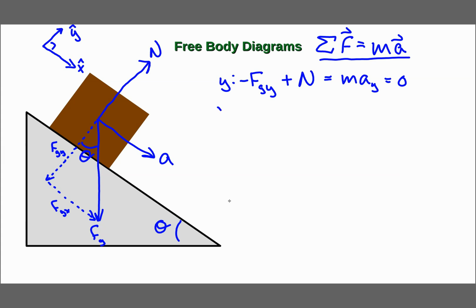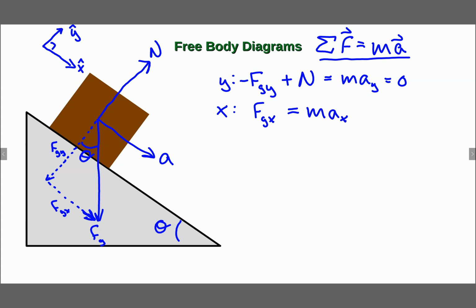And in the x direction, I have F_gx in the positive x direction, down here. It points this way. That's positive x. And in this case, with no friction, that's my only force. And that must be equal to the mass times the acceleration in the x direction.